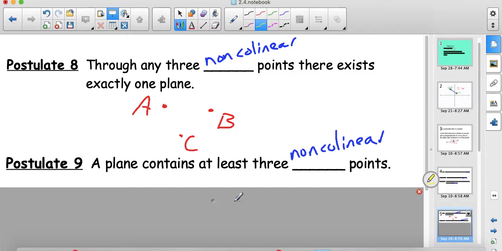So postulate 8 and postulate 9 say very similar things. It is all about what is given first. Are you given the non-collinear points first, then your plane? So that's postulate 8. Postulate 9 says if I have a plane, then I have my three non-collinear points.